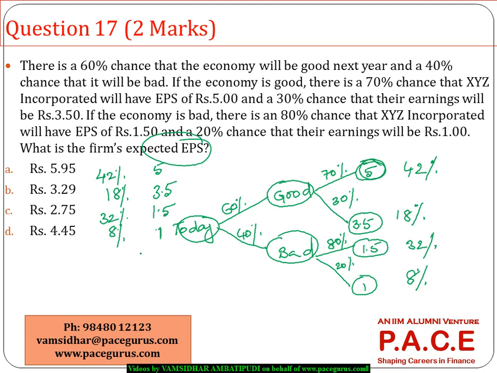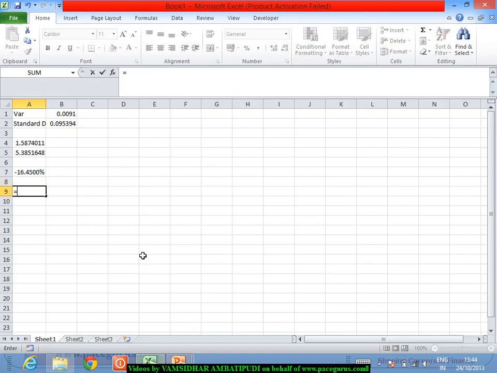Okay, let's try and compute how much it works out to. Right, 42% into 5 plus 18% into 3.5 plus 32% into 1.5 plus 8% into 1, working out to 3.29.